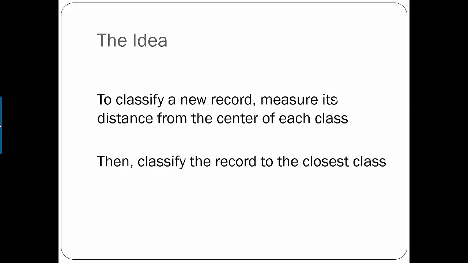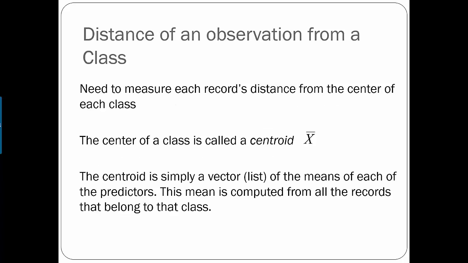So find the center point of these two classes. Take all the records that accept the loan offer, all the records that do not accept, and find the midpoint of all the predictors, and then find the distance from the new record to each of these two groups and classify the record to the closest group.